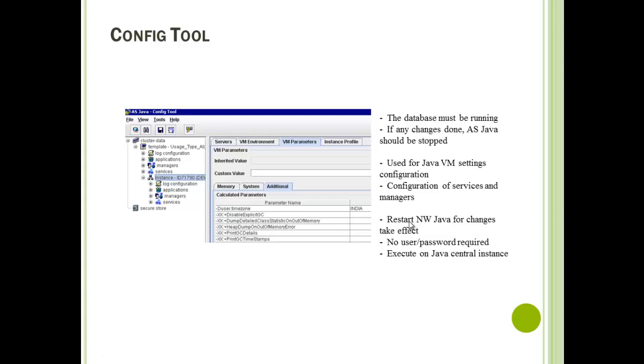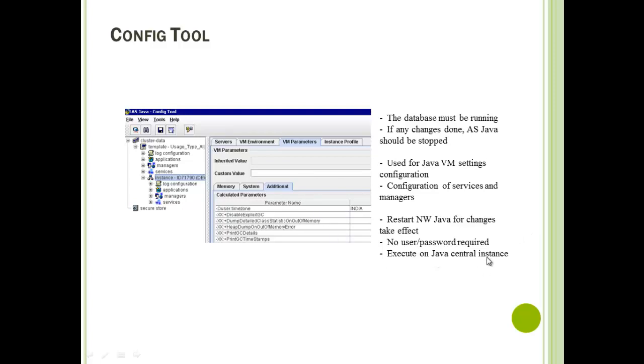You need to restart the server, and in order to log into the config tool, you need a username and password for the Java admin. This particular program needs to be executed in the central instance only.